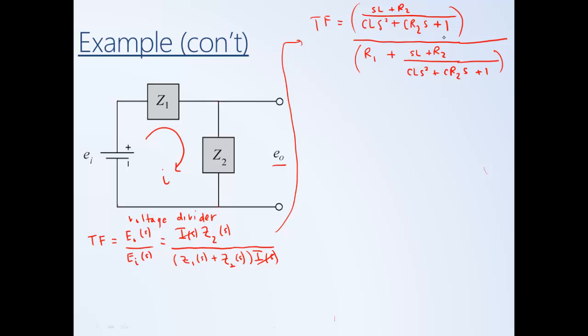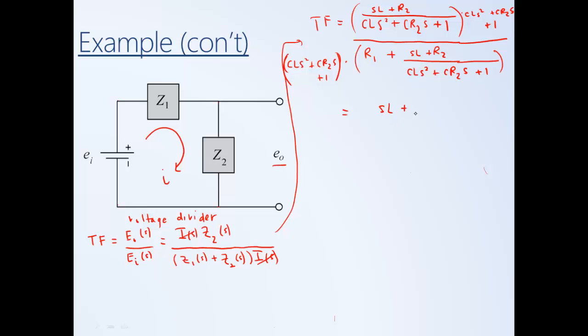So if we multiply through by this denominator, CL S squared plus CR2S plus 1, and do the same thing down here, CL S squared plus CR2S plus 1, then we can clean this up. If we distribute this through, this denominator will cancel with that expression.